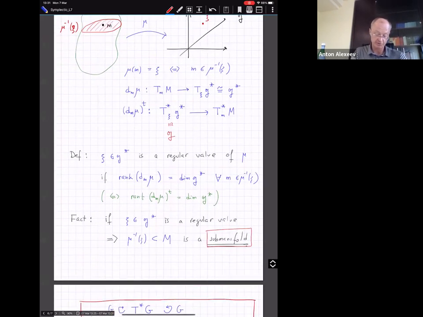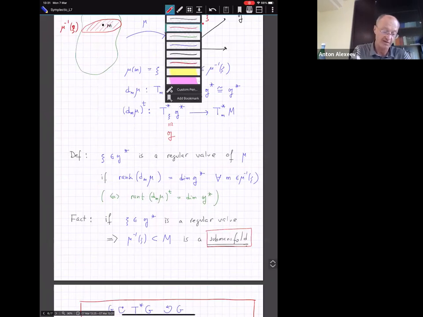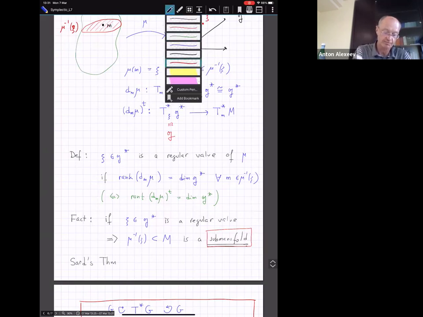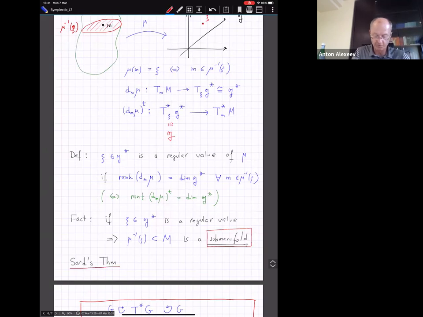And one more fact, which again, maybe you can tell me in the chat, or you can unmute yourself. There is a famous Sard's theorem. This is one of the main statements that you need in the beginning of differential geometry.